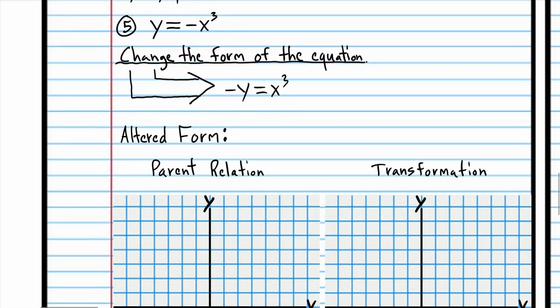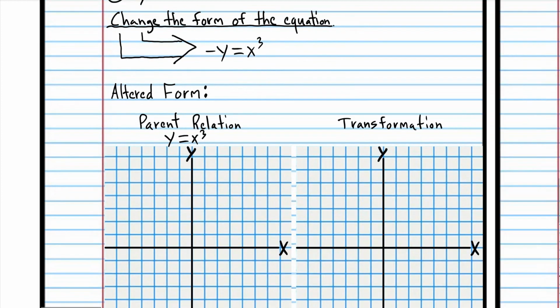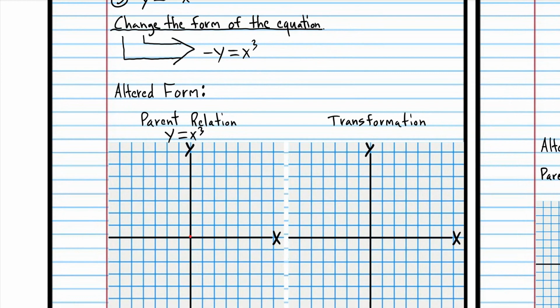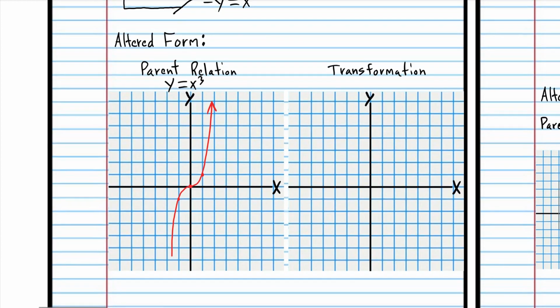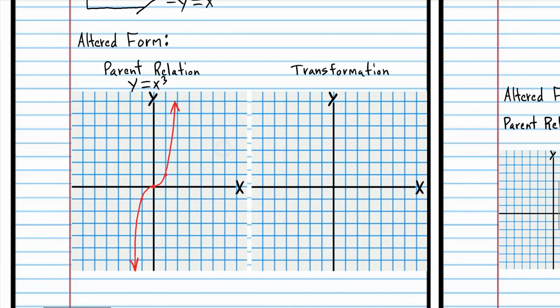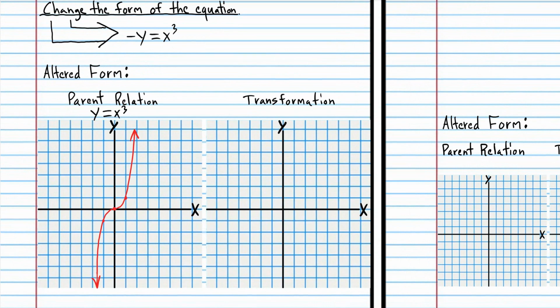So the parent relation is obviously y is equal to x cubed. And if we graph that, we have 0, 0, 1, 1, negative 1, negative 1, 2, 8. But that's off the window. And if we have a negative on the y, then that's going to reflect across the x-axis.